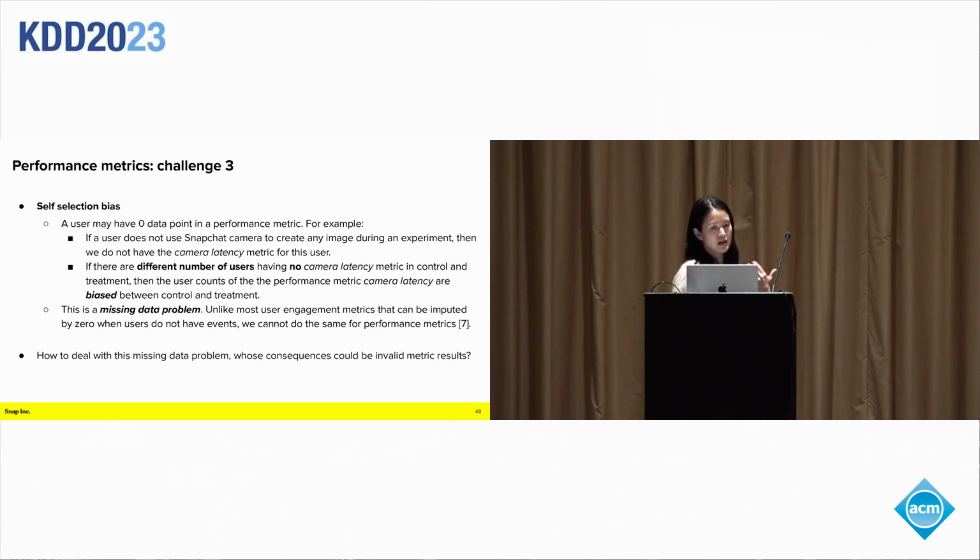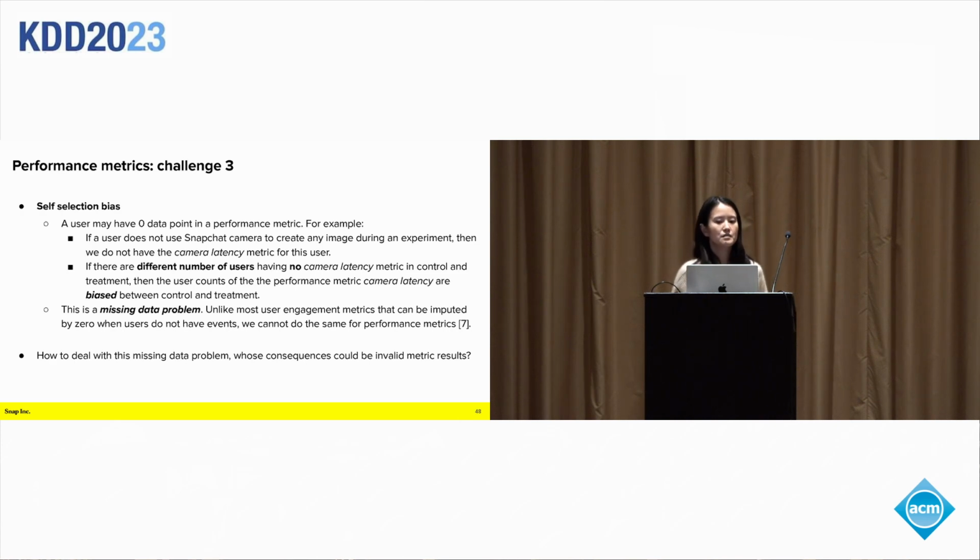So in A/B testing or causal inference, if there are different numbers of users having no camera latency metric in the control and treatment, then the user counts of the performance metric are biased between these two groups. So this is essentially a missing data problem.